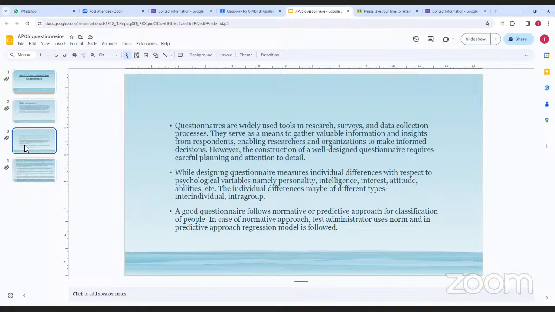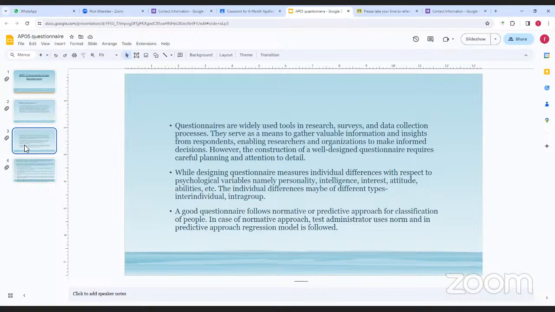Therefore, if you find that your questionnaire measuring job satisfaction is negatively correlated with turnover and absenteeism, then you can say that this questionnaire is measuring job satisfaction.